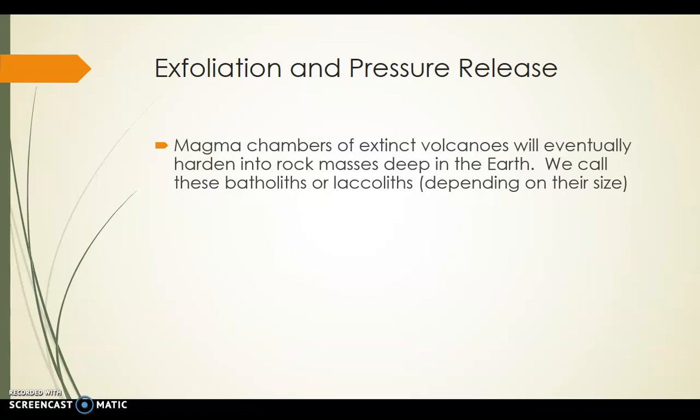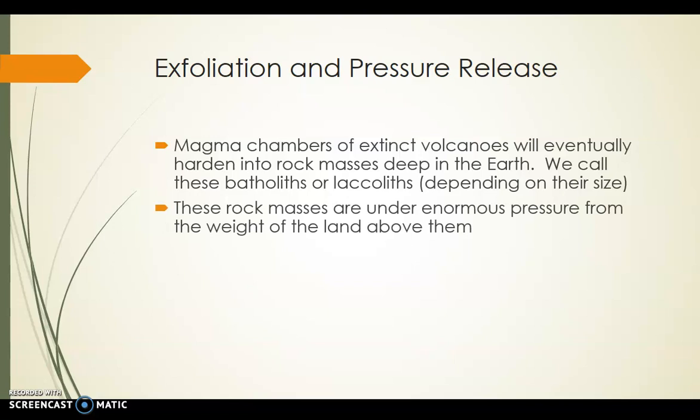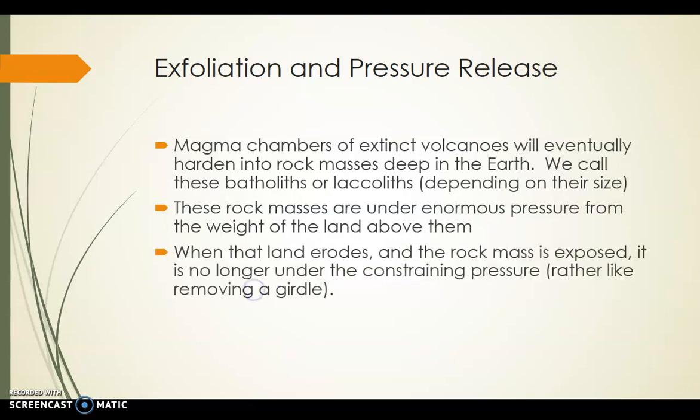So we've got these batholiths or laccoliths. Now, underground, these things are under enormous pressure. So in order to find isostasy, the internal pressure of the rock will match the external pressure that's pushing on the rock. Over time, that balance is created.